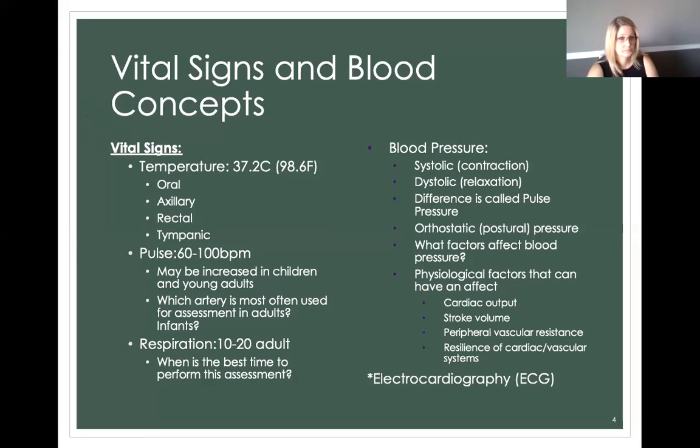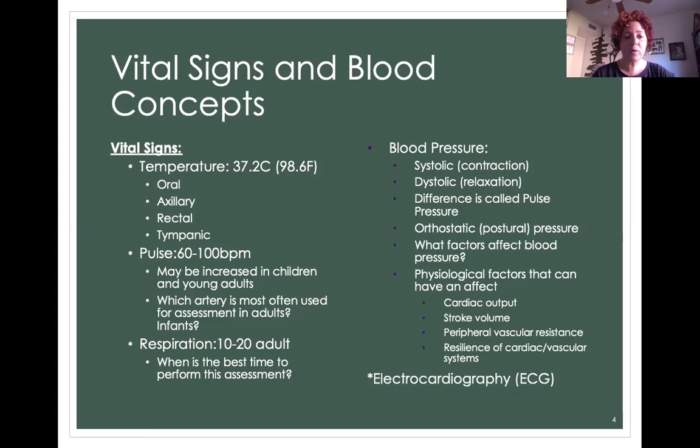So typically, if we don't have baseline vitals, when we do pulse and when we do respirations, we want to do it for a full minute. If we do have a baseline, then 30 seconds times 2 is acceptable. But typically we'll do pulse and then we'll fake the patient out by thinking we're still doing their pulse, but instead we're looking at chest rise and fall or abdominal rise and fall.